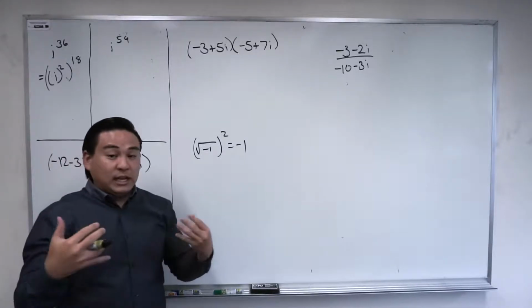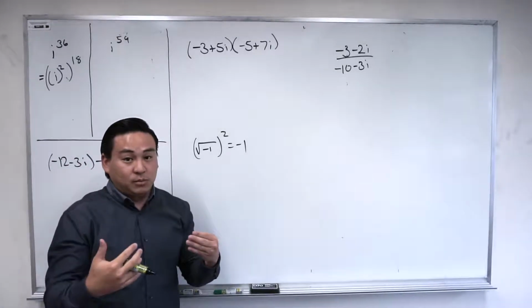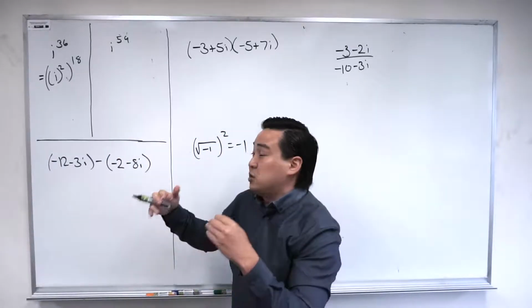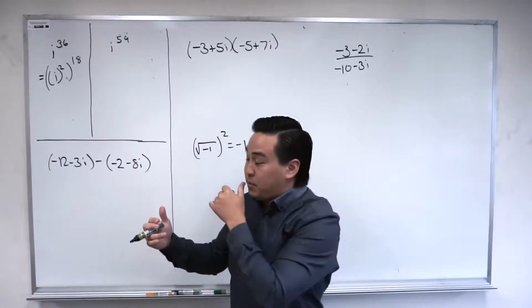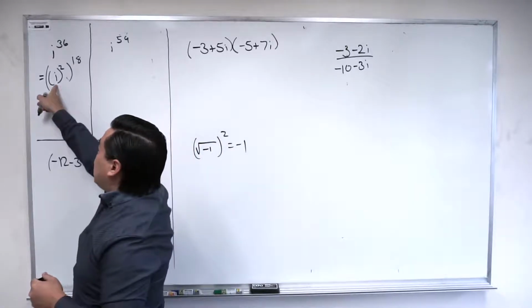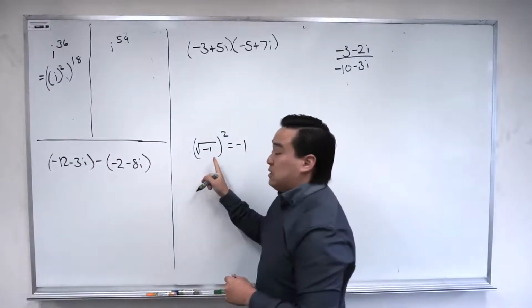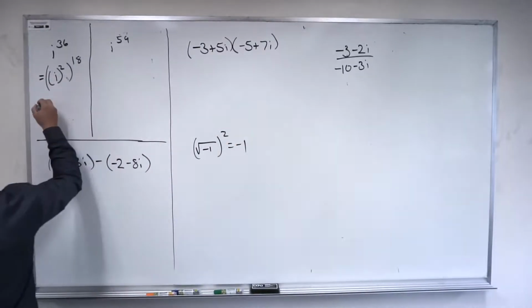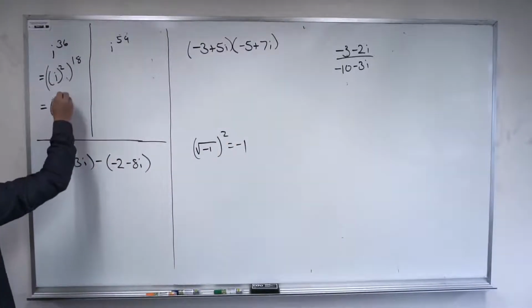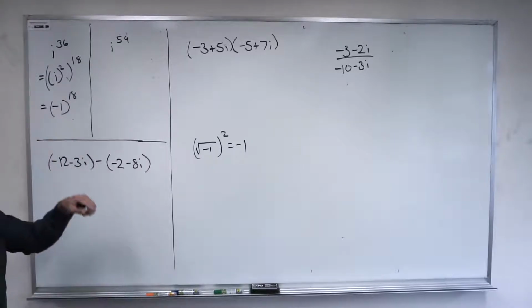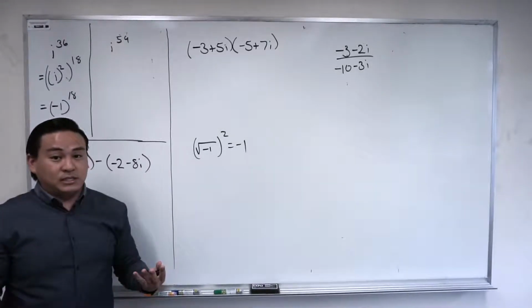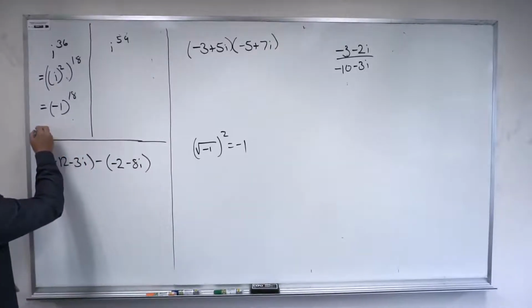Because when you raise exponents to exponents, they multiply. So we can rewrite that 36th exponent as 2 raised to the 18th power. This, though, i squared, is this one. So that is just -1. Well, a negative number raised to an even exponent is positive. So this is just the number 1.